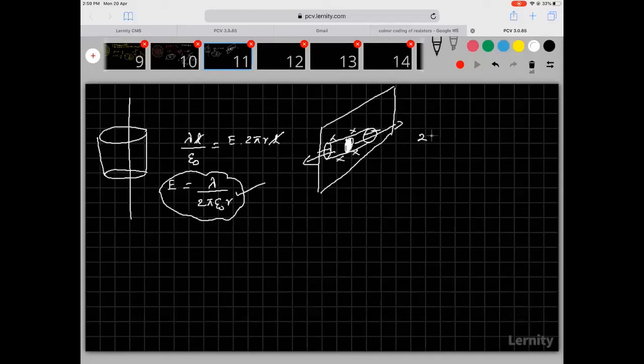So 2 times E into A is equal to Q by epsilon naught, and Q is sigma into A. The A gets cancelled and I got E is equal to sigma by 2 epsilon naught. This is the electric field near an infinitely long plate. The point to understand is that the electric field is independent of d.